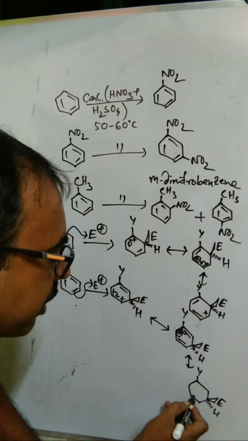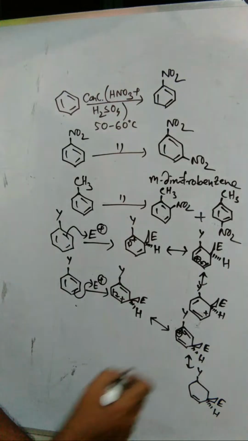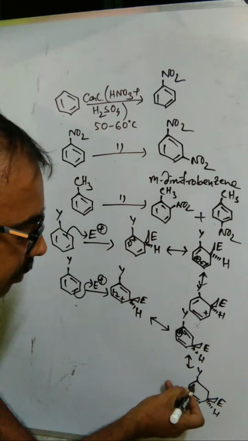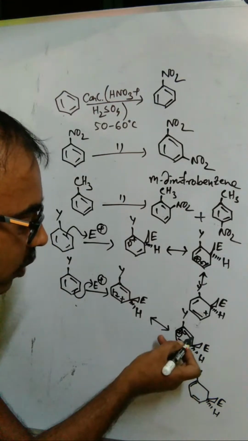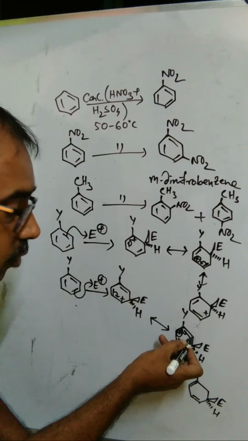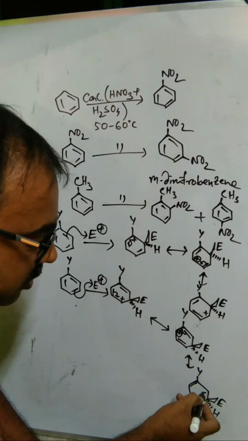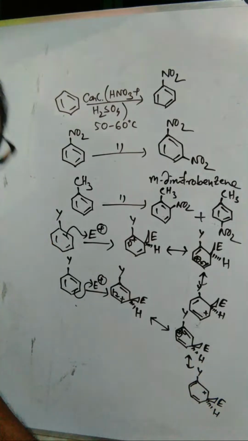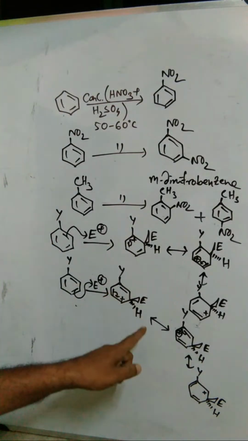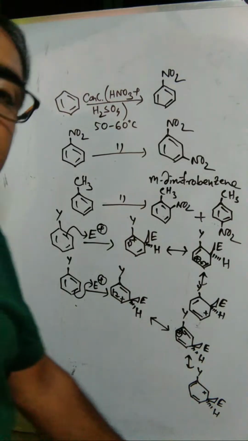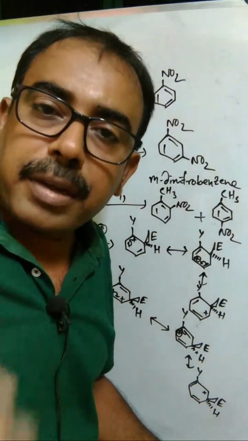This bond remains intact and this bond comes between these two carbon atoms. Since the bond is broken from this carbon, this carbon will carry a positive charge. So these are the resonating structures if the electrophile comes in the meta position.